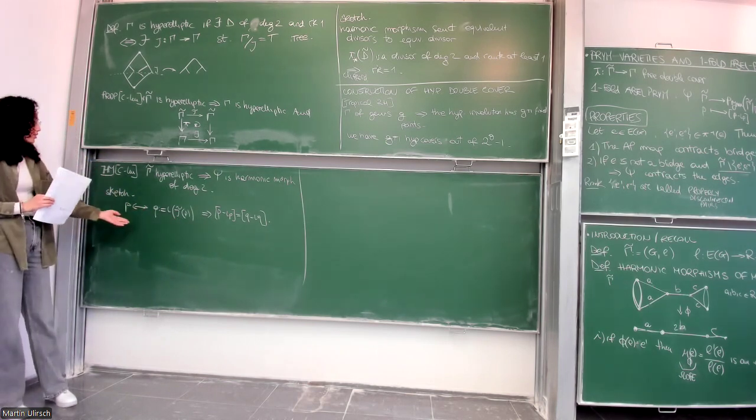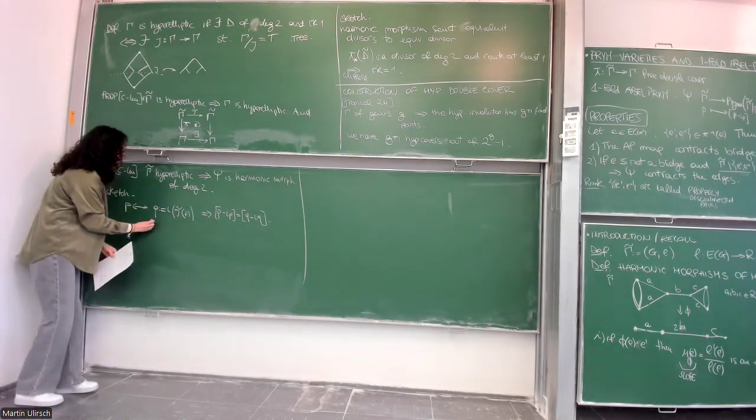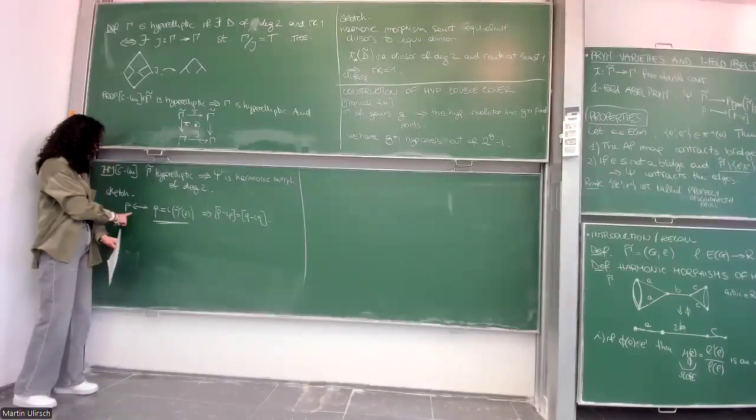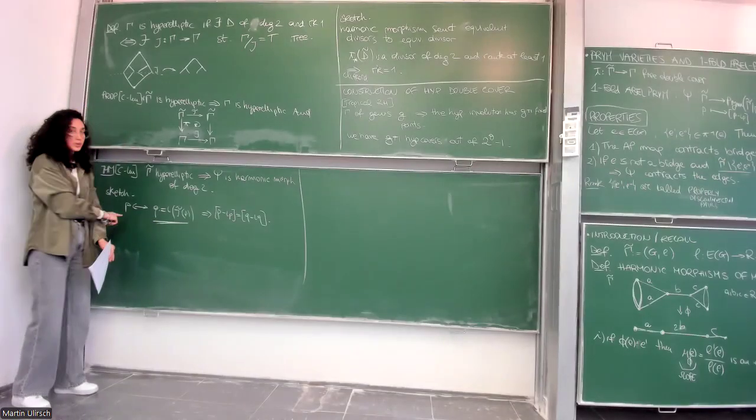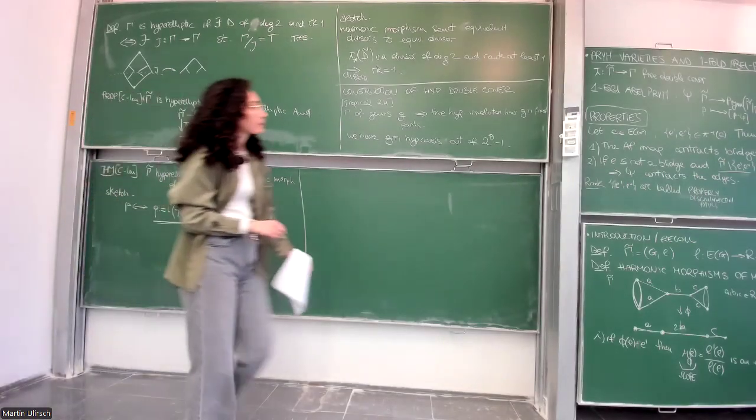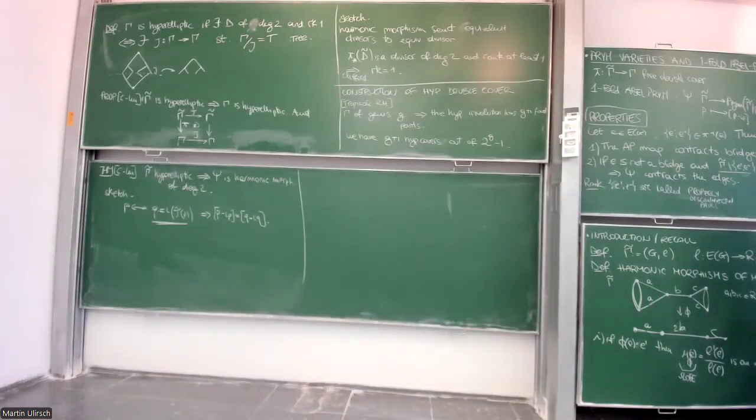But in tropical geometry, sometimes Q can be not different from P. For instance, in this case, if I take P here, I told you that the hyperelliptic involution is this one. So J tilde of P will be this point.